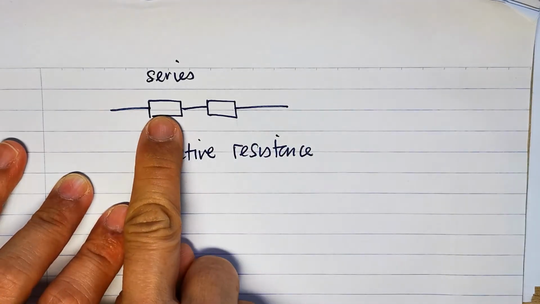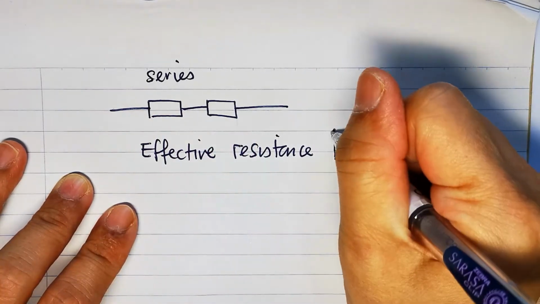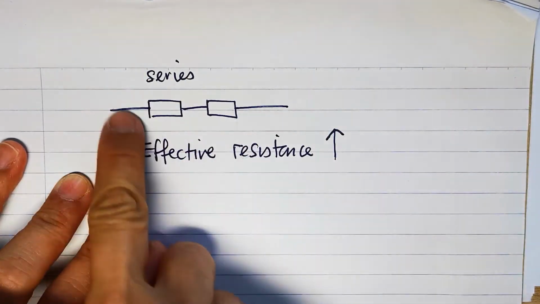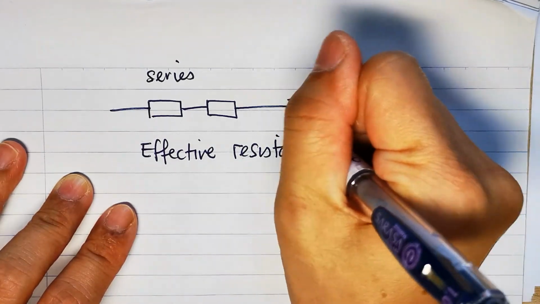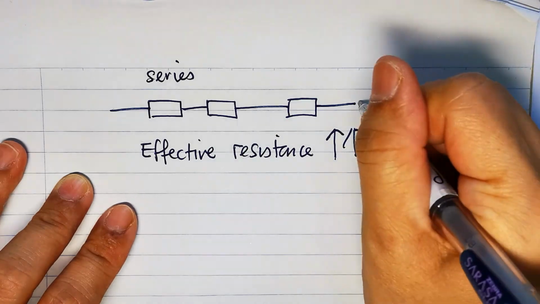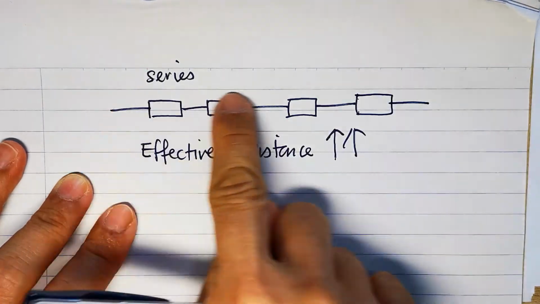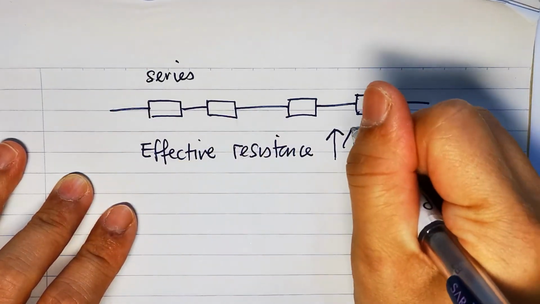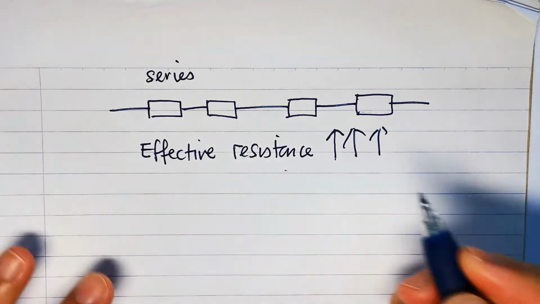Let's say initially you only have one, when you connect one more, the total combined resistance is bigger. If you add one more, it will increase even more. So the more you add in series, the larger the effective resistance.